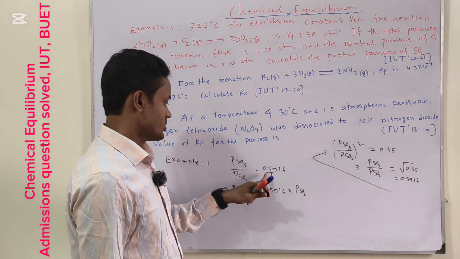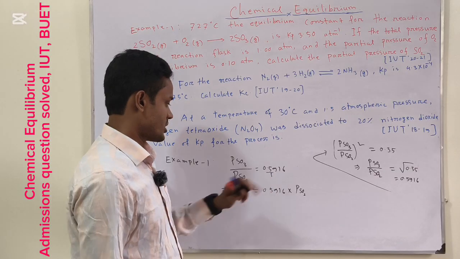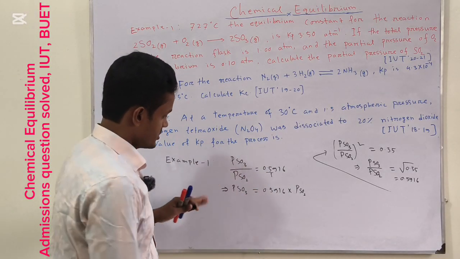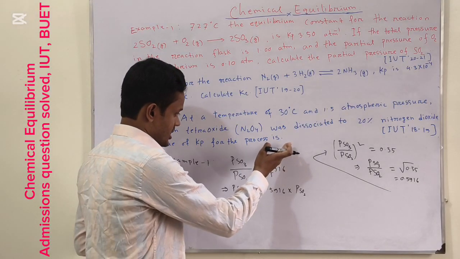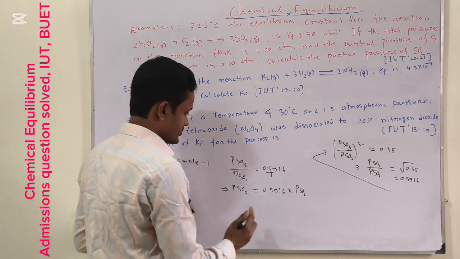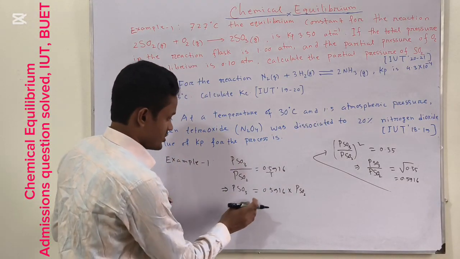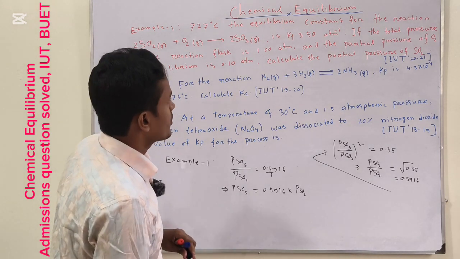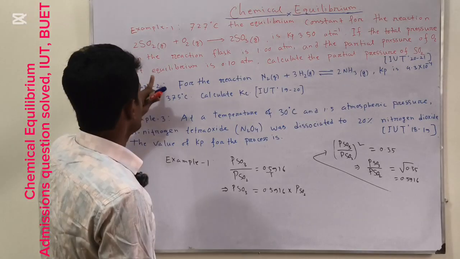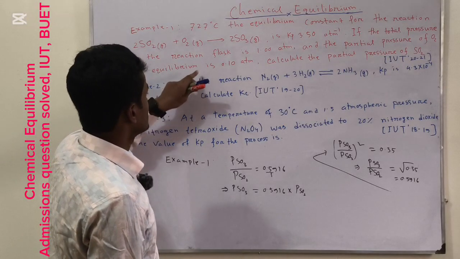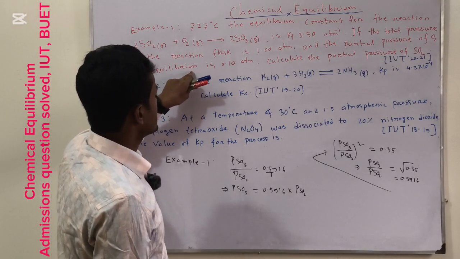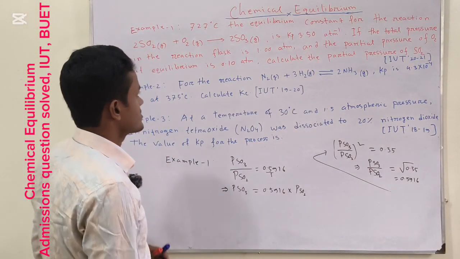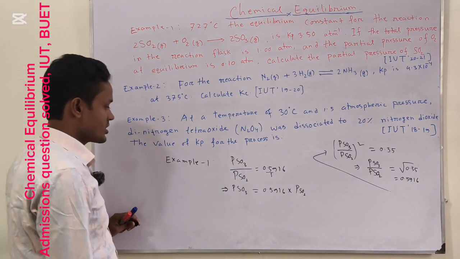Now we can write the equilibrium and calculate the partial pressure of sulfur dioxide.